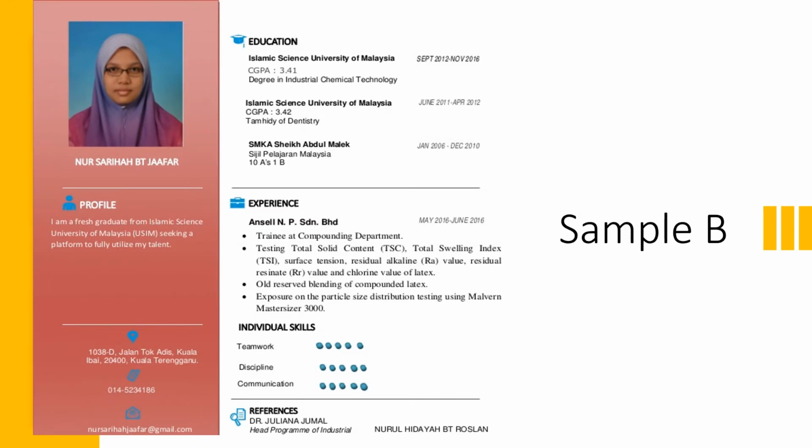Okay, I might say this is actually about the style of writing the resume. The one I like is sample B because it's not really crammed with words, and the way she arranged all the information is very useful and very effective. First, she put the education first, and then her experience in jobs, and I think she used stars here for individual skill: teamwork, how she rated her individual skill, teamwork, discipline and communication.